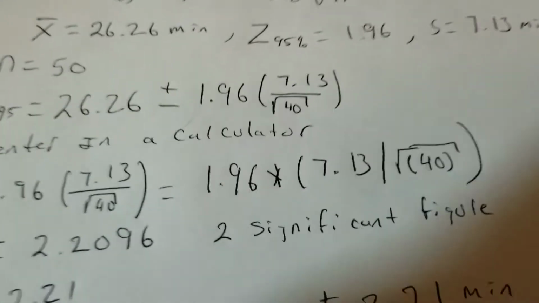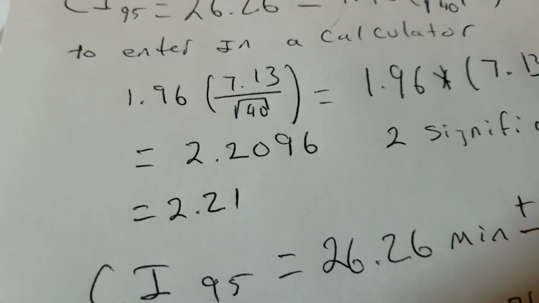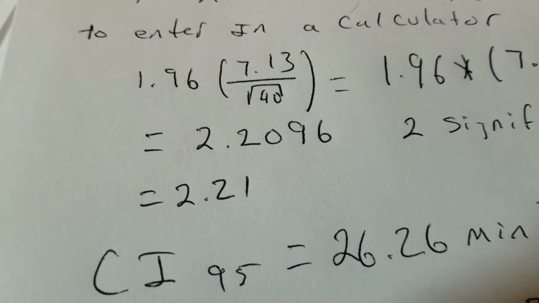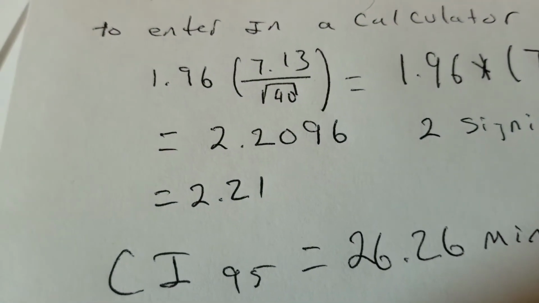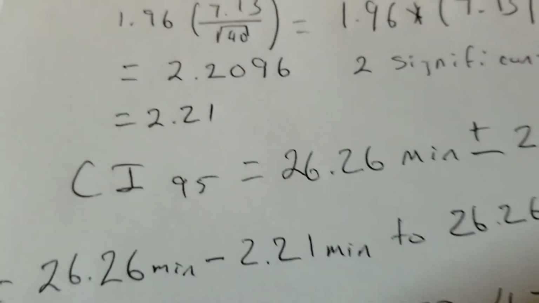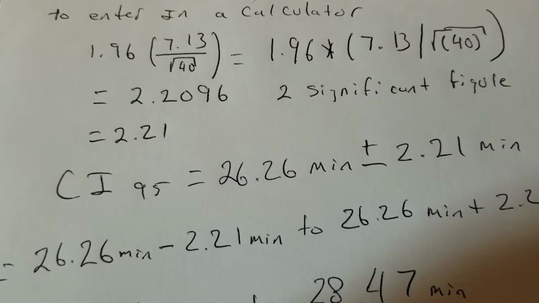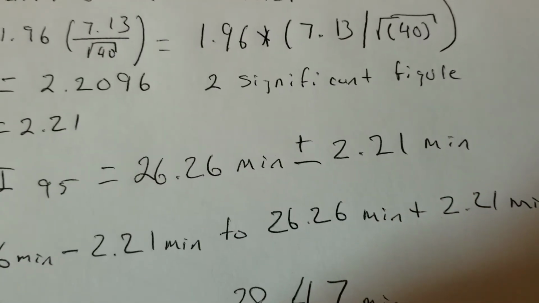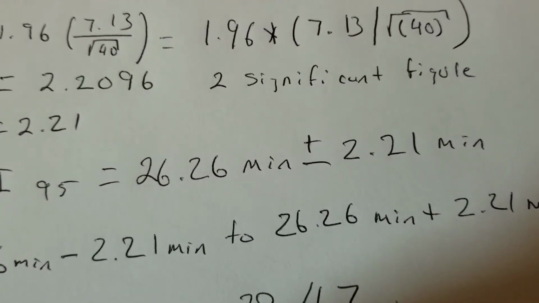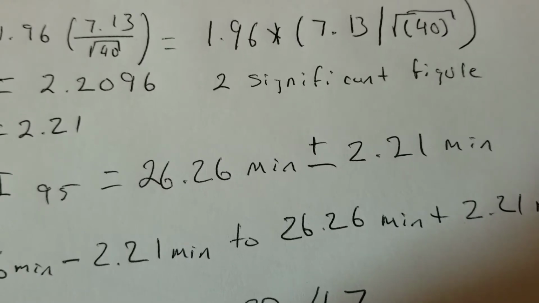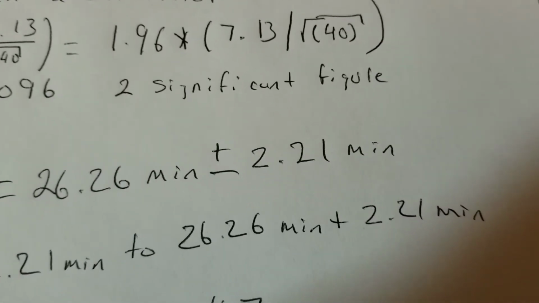But since we're using two decimal places, we're going to round that off to 2.21. So if I want a confidence interval of 95%, it's going to be equal to 26.26 minutes plus and minus 2.21 minutes.